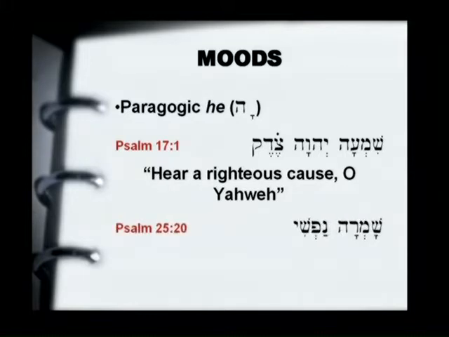Psalm 25:20, Shamra. Notice here we have, instead of a schwa at the beginning that we would expect, remember that if this is a masculine singular, it'd be shamor. But if we add a comet's he, we can't say shamora.